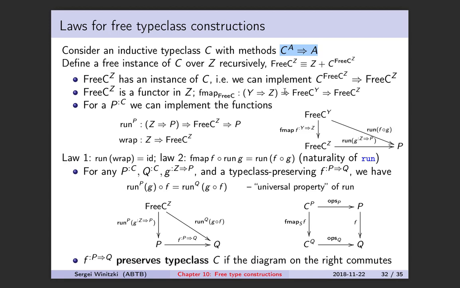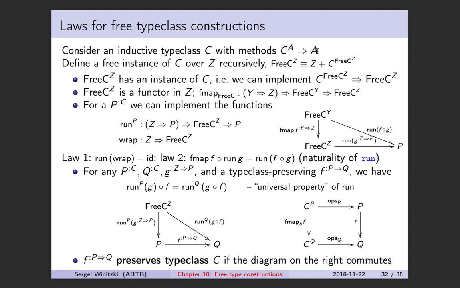But you see, all the examples we have seen have been inductive. So it's going to be equivalent for them, except it's going to be much more syntax for all these type constructors and type parameters. So I'm not going to go through laws for type constructor type classes, because they're going to be analogous up to a much more complicated syntax.